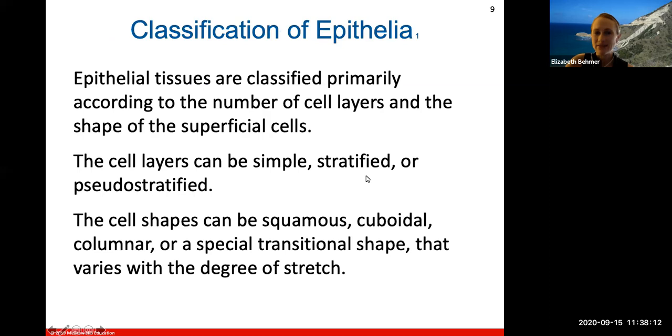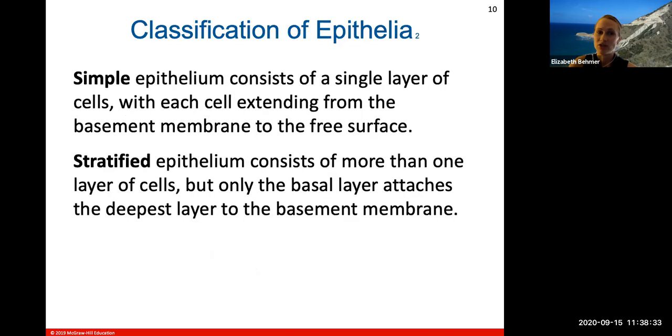Epithelials are classified by how many layers of cells they have and the shape of their superficial cells on the exposed surface. So you guys know by now the cell layers can be simple, stratified, or pseudostratified, and the shapes of the cells can be squamous, cuboidal, columnar, or what we call transitional, a shape that is able to be stretched.